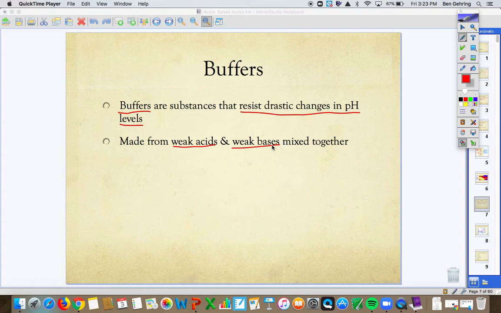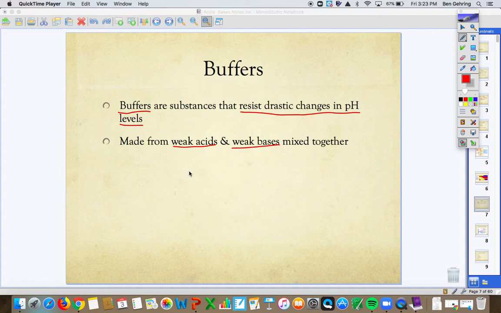They accept some of the hydrogens and take out some of the hydrogens, so they balance out that pH. They minimize the impact of adding acids and bases to a mixture and allow that change to be rather gradual. In nature, however, if you overuse your buffer or use it all up, then you get your drastic changes.